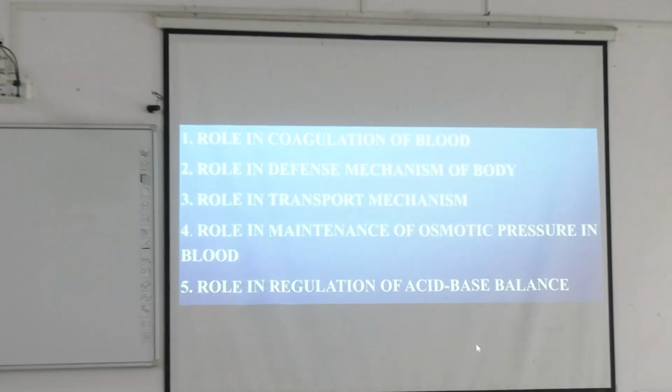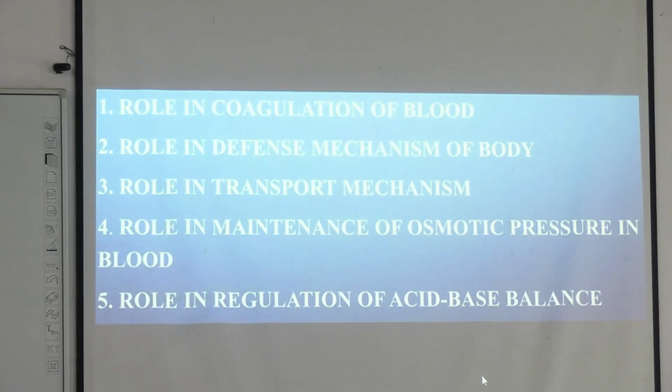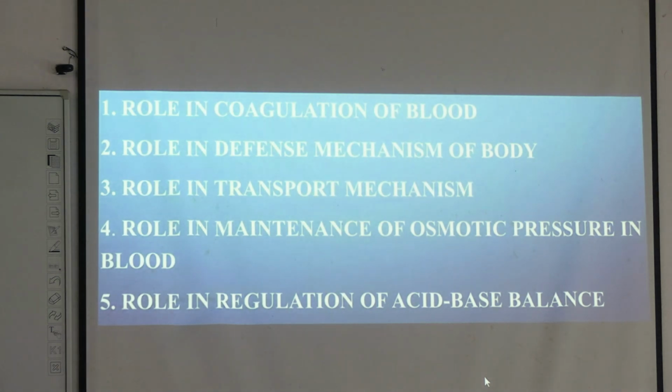Again, for those who have not attended general physiology classes, transport mechanisms, diffusion and osmosis are being discussed. Osmosis is diffusion across what we know from school days as a semi-permeable membrane. That means movement of solvent in the direction where there is less concentration of solute.